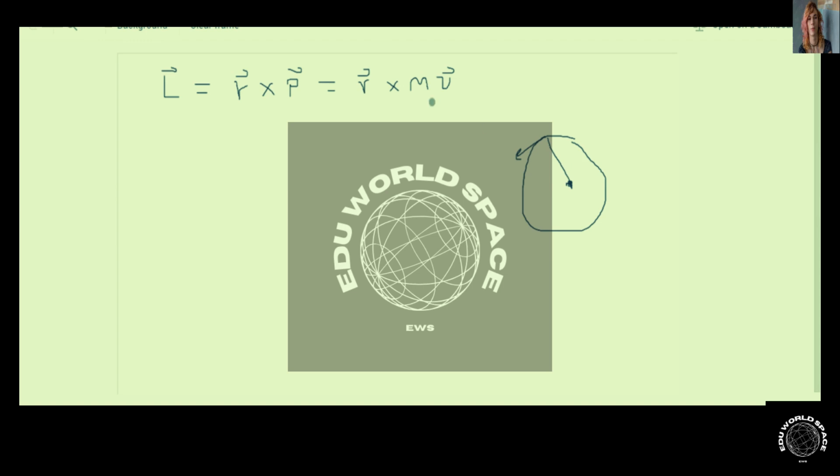Because the position vector r will always be perpendicular to your linear momentum mv. At any instant of the motion, they keep an angle of 90 degrees. This is a tangent to the circle, and this is a radial position vector, so you end up with the cross product reduced to the regular rmv.